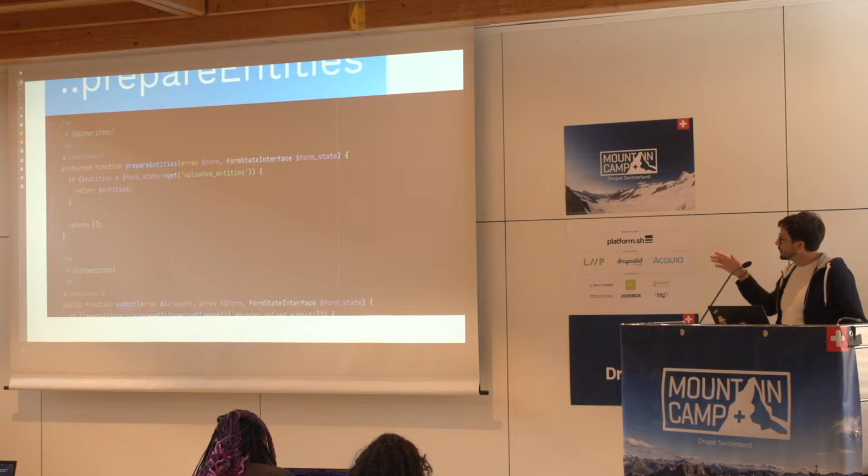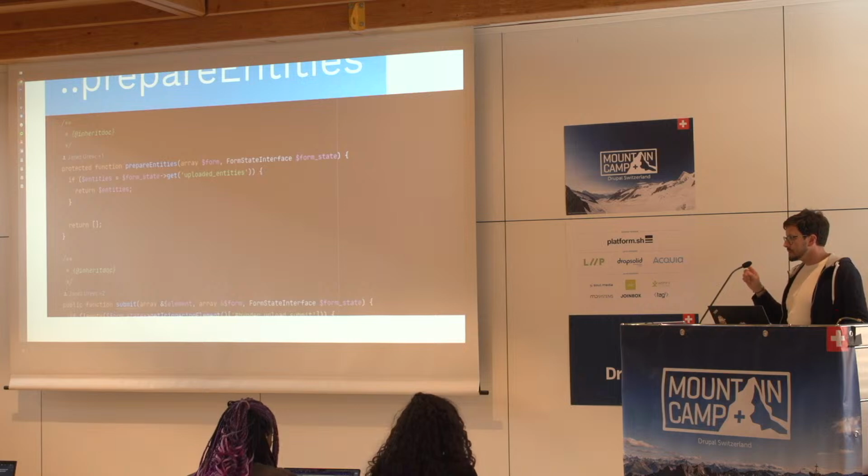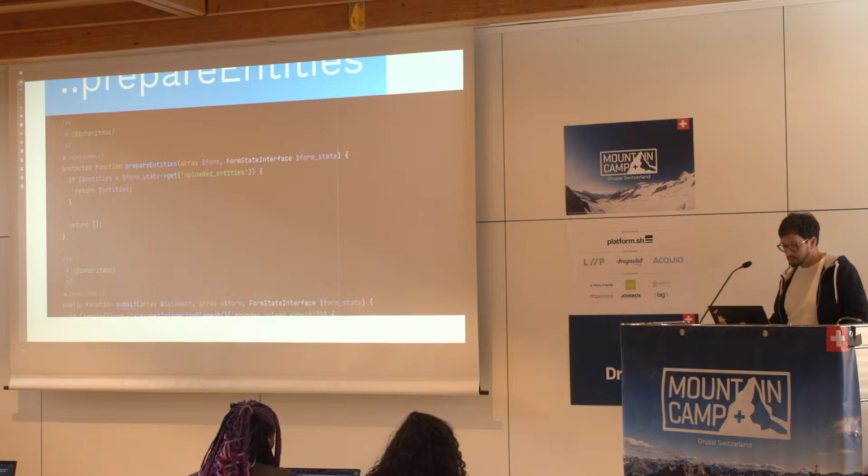And then in this case, prepare entities, which is quite important in other parts, is just used to pass along the created entities, because we also create entities in the batch process. We will see now.